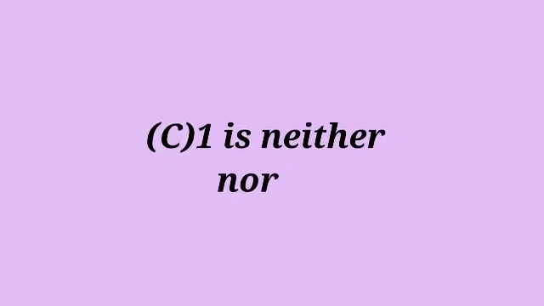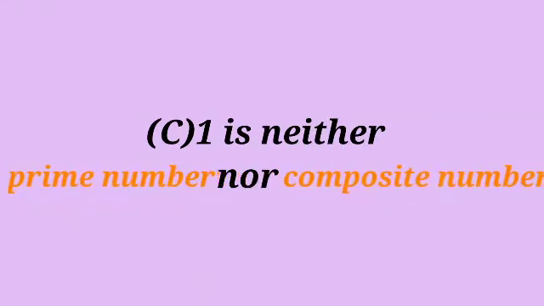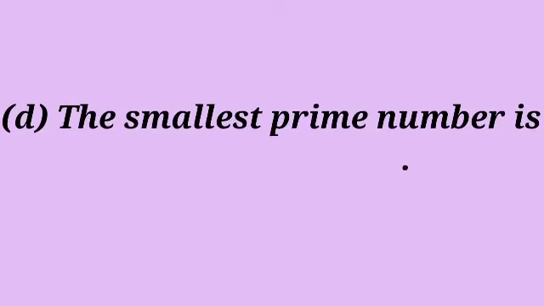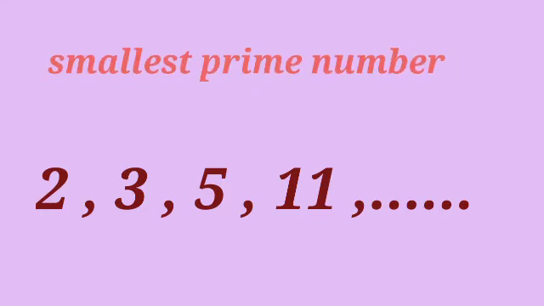C question is, 1 is neither prime nor composite, because 1 is not a prime number, and not a composite number either. D question is, the smallest prime number is: prime numbers start from 2, 3, 5, 11, like this. So the smallest prime number is 2.